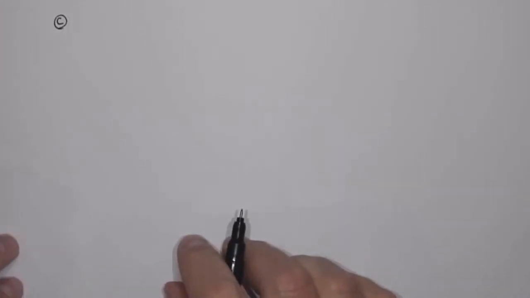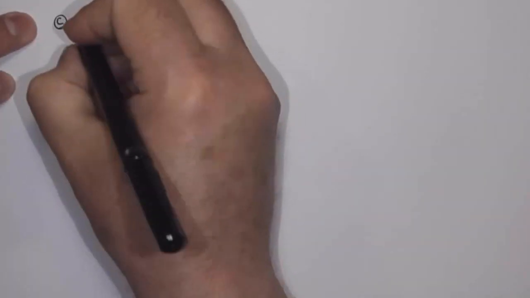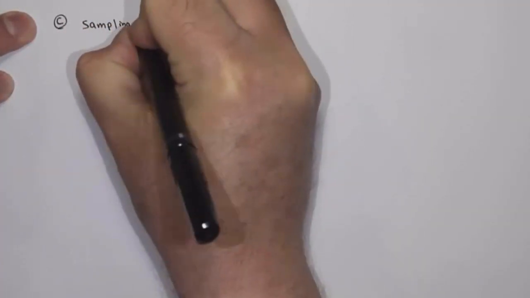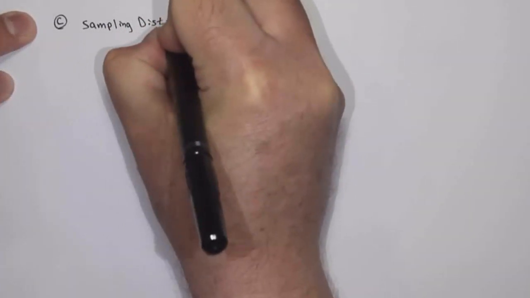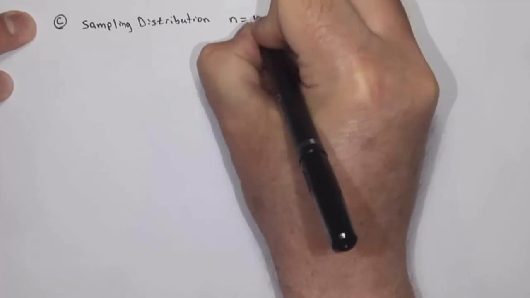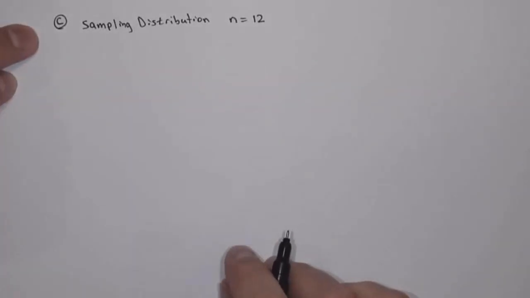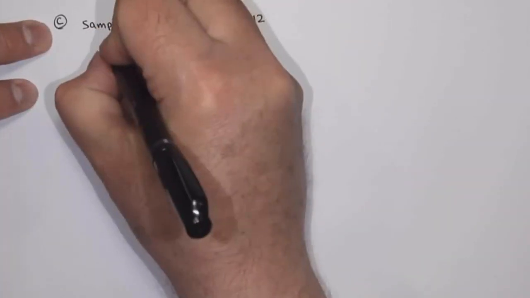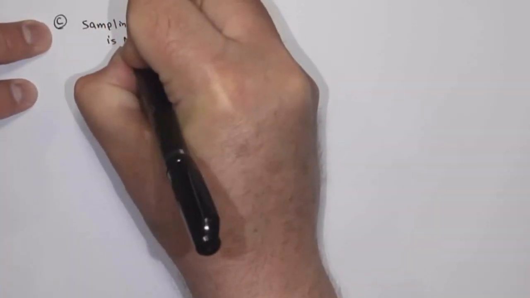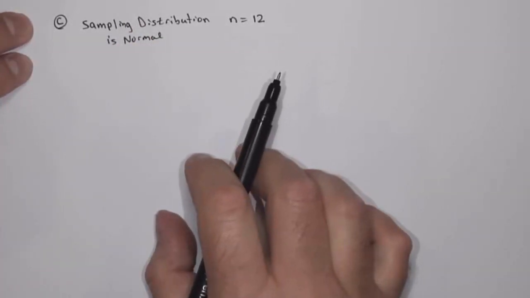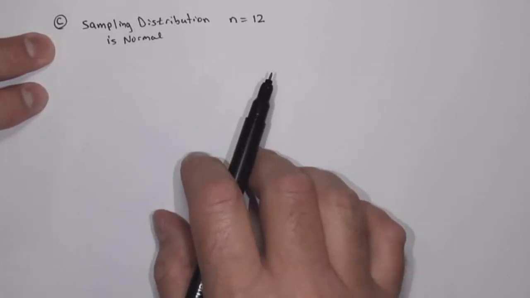So in part C, we're going to take a sample of 12 individuals. Again, we're going to be dealing with the sampling distribution, but this time our sampling distribution is coming from a sample of size 12. Because we know the population's normal, we know that this sampling distribution is going to be normal as well, and our theorem told us that had to be true.